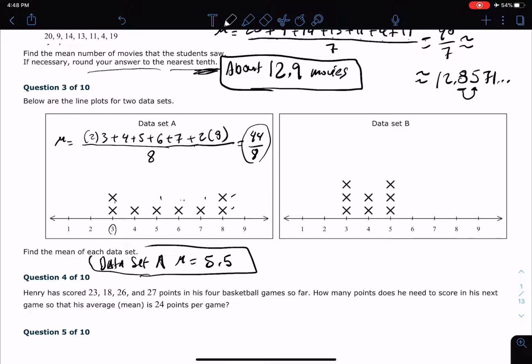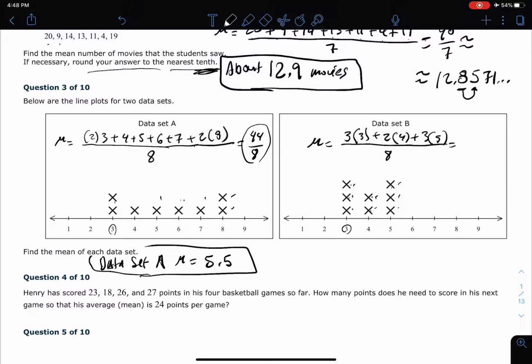And then we could do it again over here. How about a weighted mean? I've got 1, 2, 3 that have a value of 3, plus I've got 1, 2 that has a value of 4, and I've got 1, 2, 3 that has a value of 5. Now, how many weights or pieces do I have? I've got 1, 2, 3, 4, 5, 6, 7, 8.